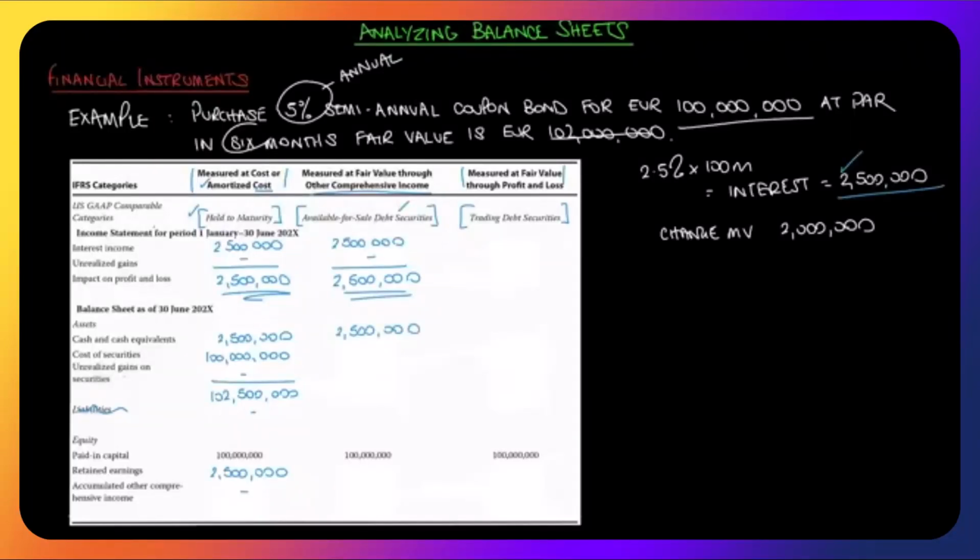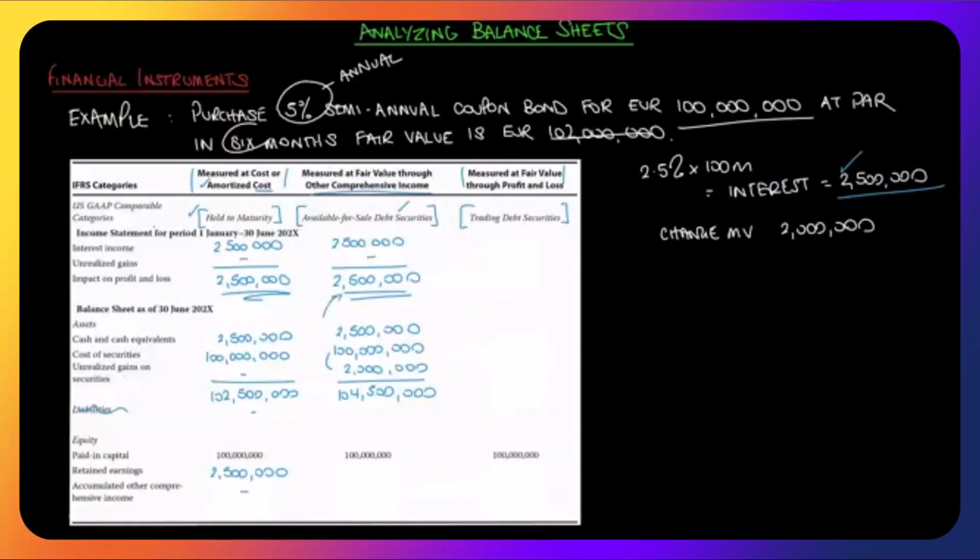Cost of securities was 100 million. Unrealized gain on securities, yes, we've recognized the change in market value, so we get to add the 2 million. Those two together will give you the value on the balance sheet of the debt: 104,500 in total. Equity, paid in capital again, not too interesting. Retained earnings.